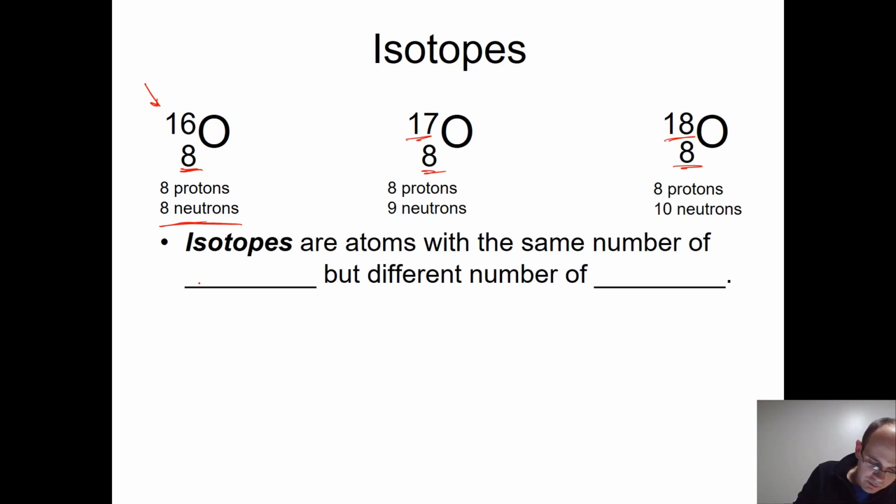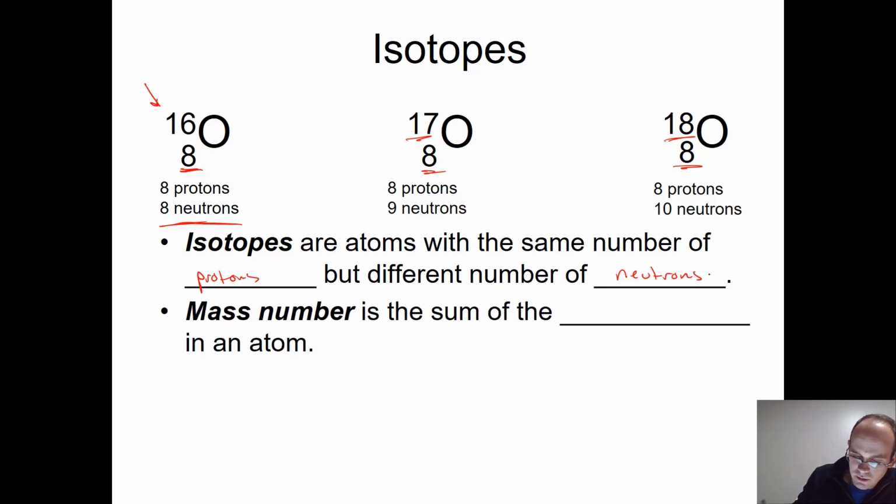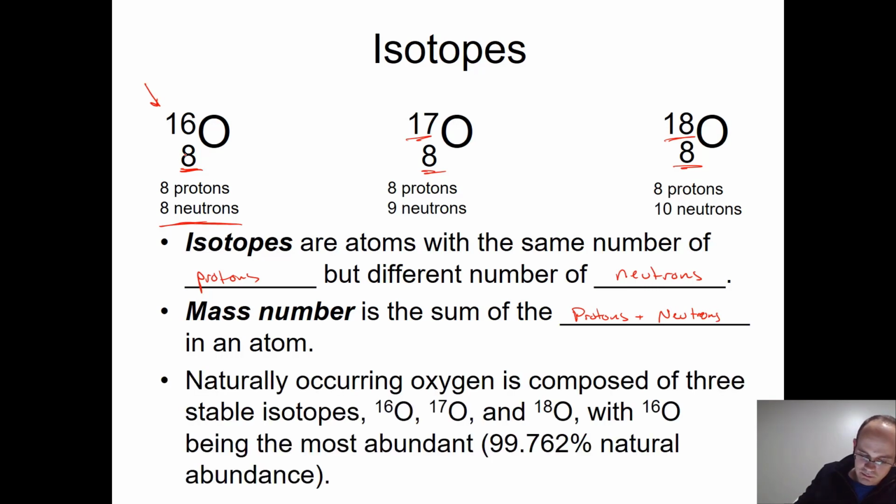Isotopes are atoms with the same number of protons, but a different number of neutrons. Mass number is the sum of the protons and neutrons, and that's that 16, 17, or 18.